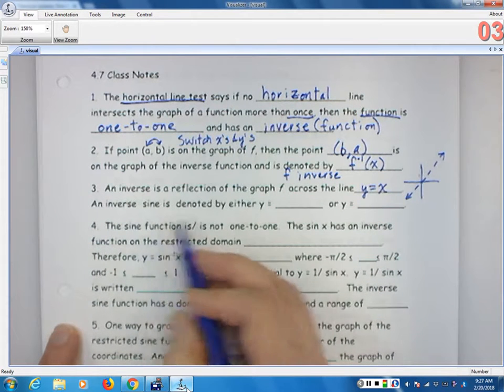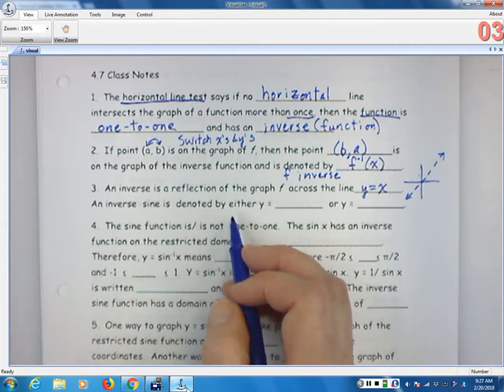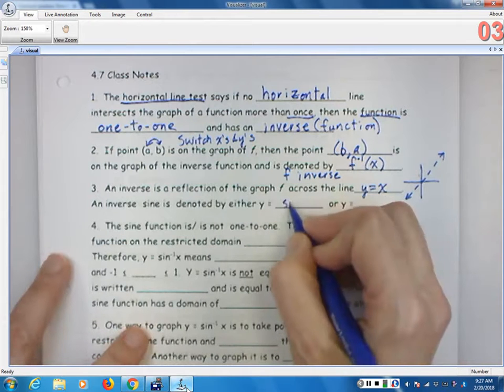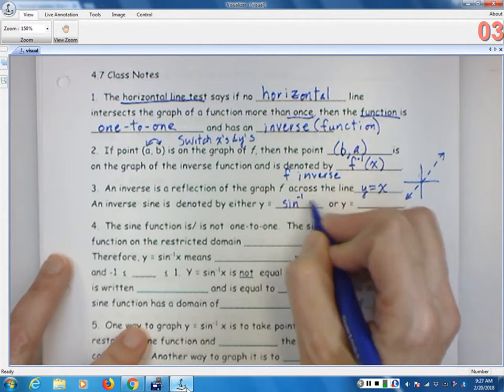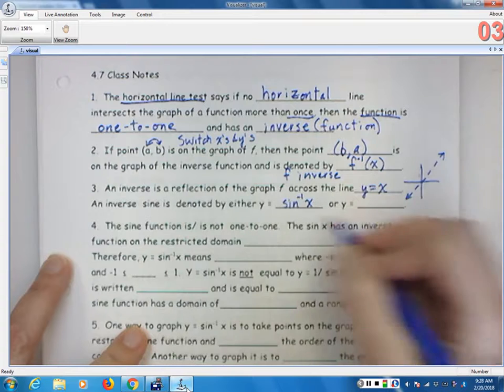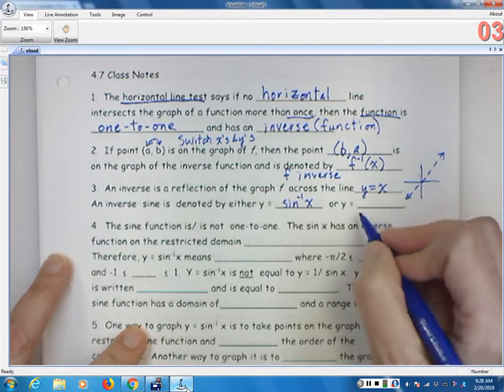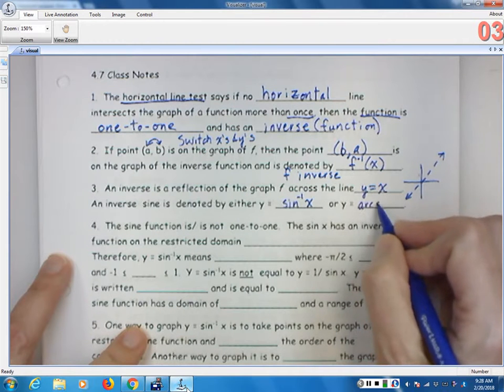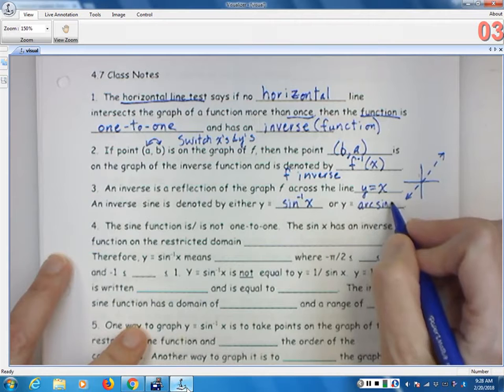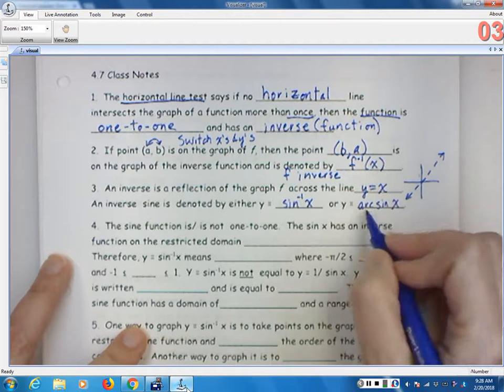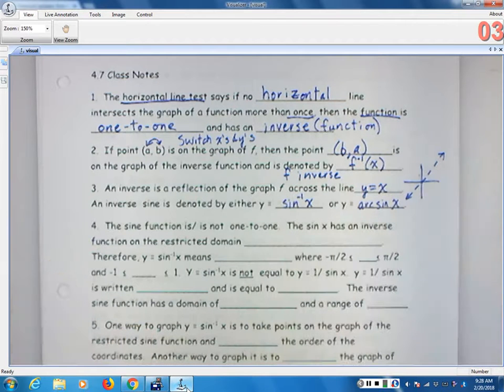An inverse sine is denoted by y equals sine inverse of x, or y equals arcsine of x. Sometimes we use arc. Some calculators use arcsine. It means the angle whose sine is x.